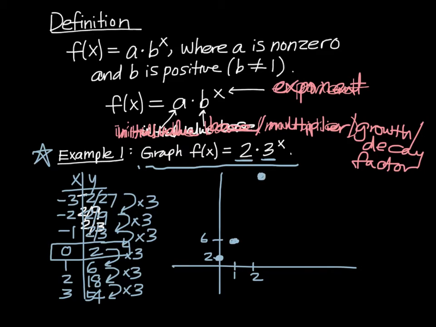If we go the other way, you'll notice that we have outputs of 2/3, 2/9, 2/27. Those outputs are going to get closer and closer to 0. So here's your graph. Notice that it has the shape of an exponential function that you know of from Algebra 2 and also from our basic functions.